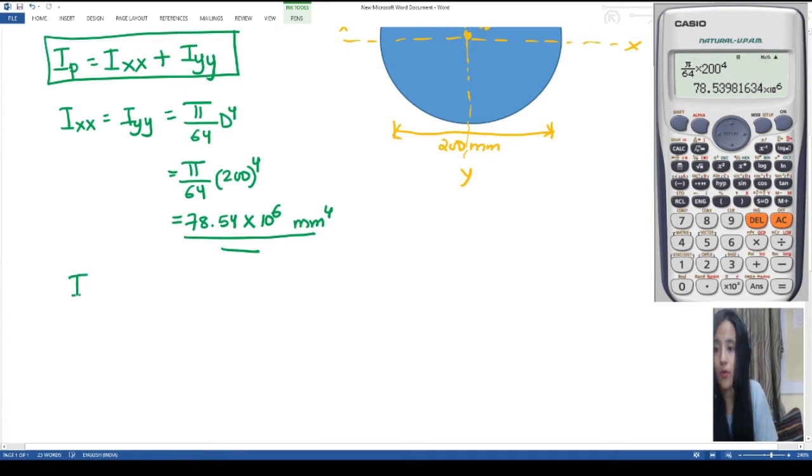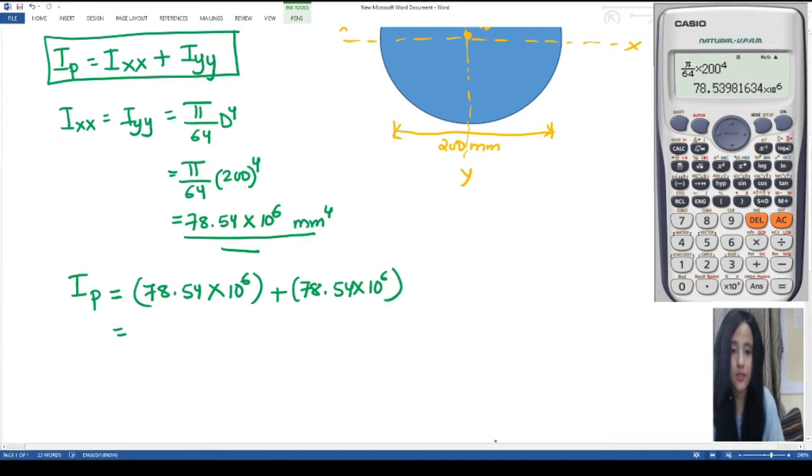Now let's find the polar moment of inertia. IP will be equal to 78.54 into 10 raised to power 6, which is Ixx, plus 78.54 into 10 raised to power 6. So how much will we get? Let us calculate again, answer into 2.